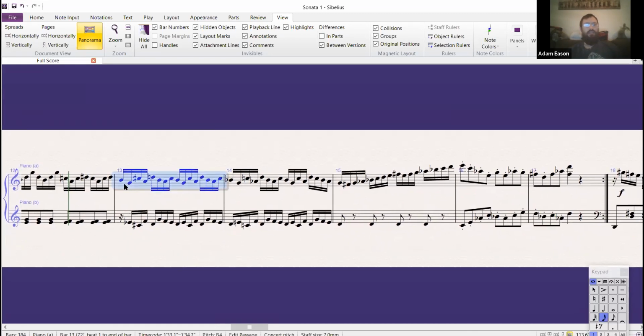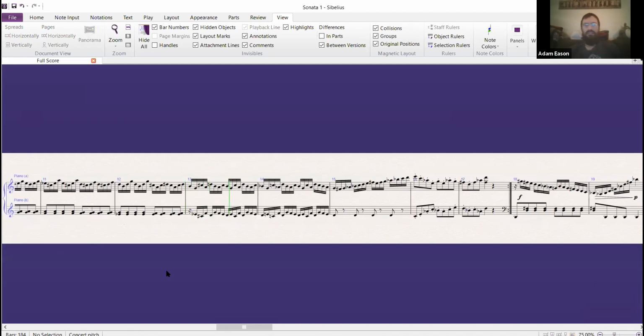I did try using the borrowed chord idea. That happens a lot where you have a major chord followed by the same root, but a minor version of that root. And it turns out it works pretty well.